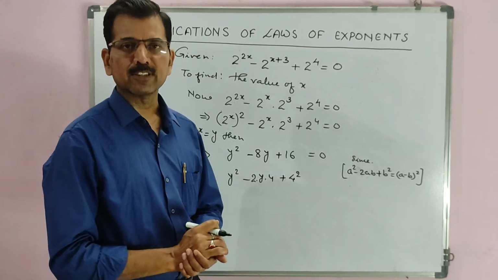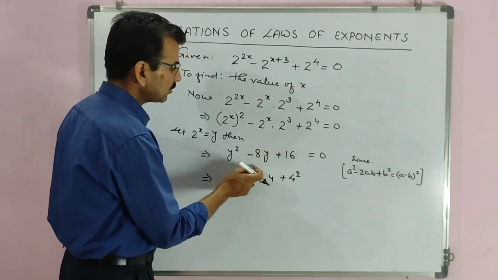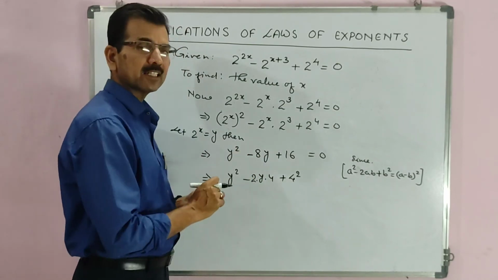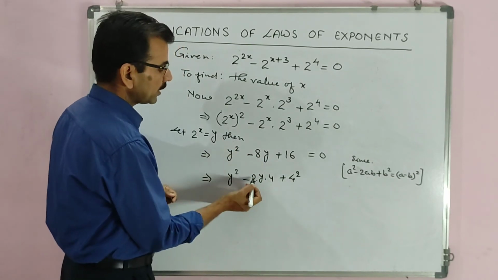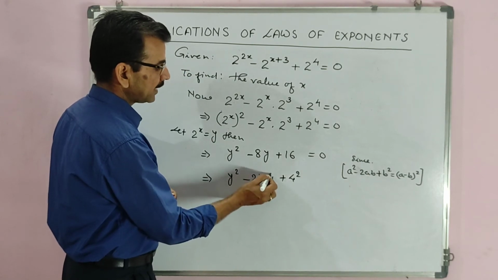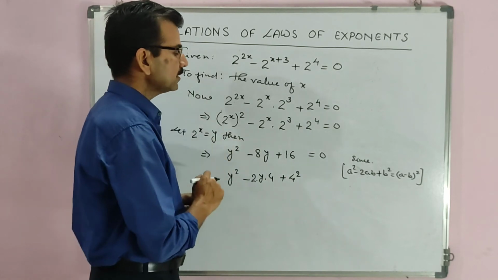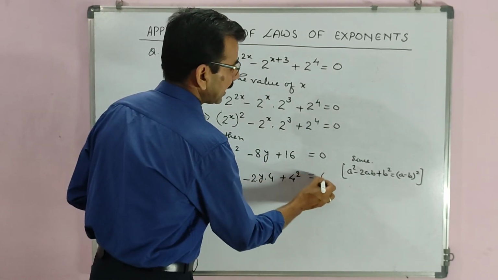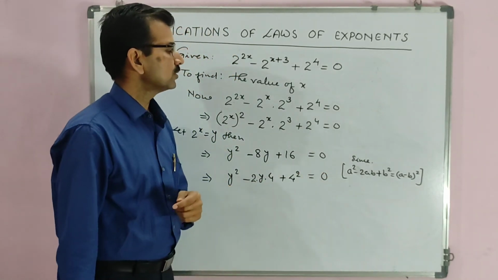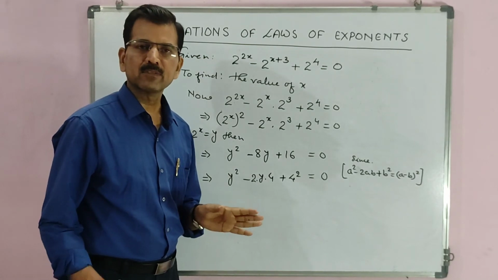Now check that we have this minus 8y as a term or not. 2 into 4 is 8, so 8y. We are getting it, which means we are correct, and this is equal to 0. Got it? Very simple.